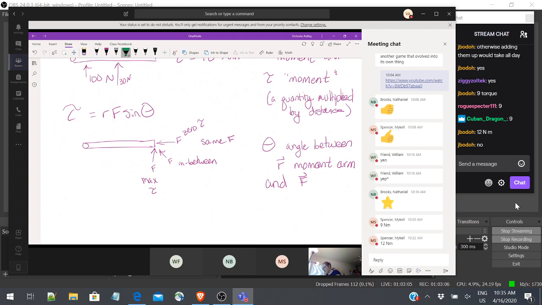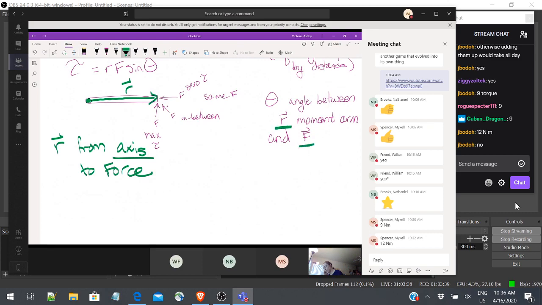So our moment arm is from the axis out to where you are applying the force. R is from the axis to the force.